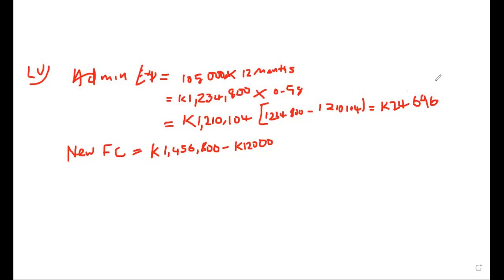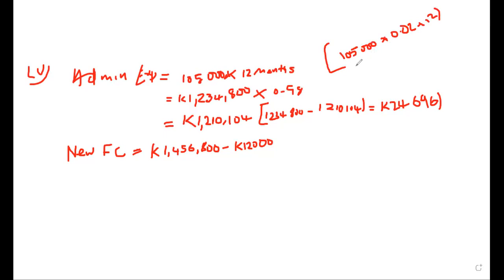Okay, so the other way we should have done it, instead of wasting a lot of time, should have just said $105 times 0.02, which is 2%, times 12 months. It was going to be faster.